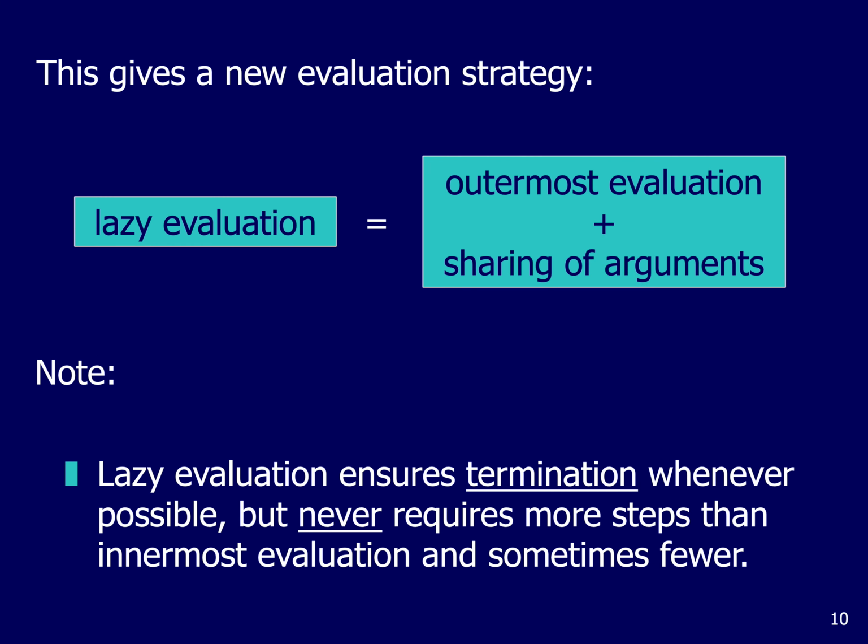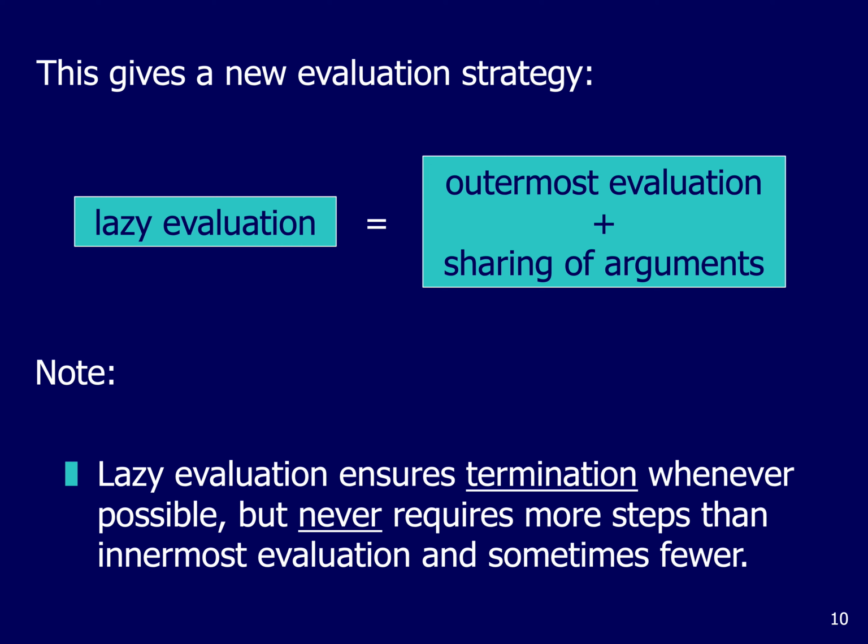So this actually gives us a new evaluation strategy, and this is what lazy evaluation is. Lazy evaluation is simply outermost evaluation plus sharing of arguments in the way that we've just seen. So if I asked you in a Haskell exam, what is lazy evaluation? You just say lazy evaluation is outermost evaluation combined with the idea of sharing arguments.